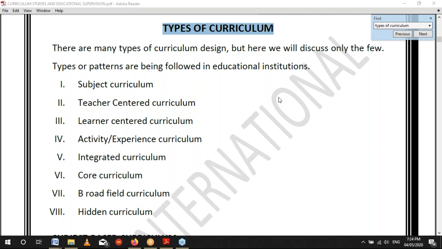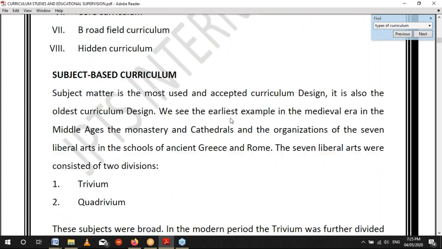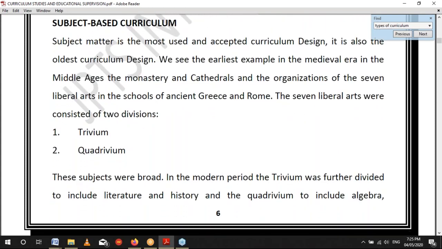Let's go into the explanation of them one after the other. Subject curriculum. This is the type of curriculum where every subject is a separate unit and every subject has a separate teacher.